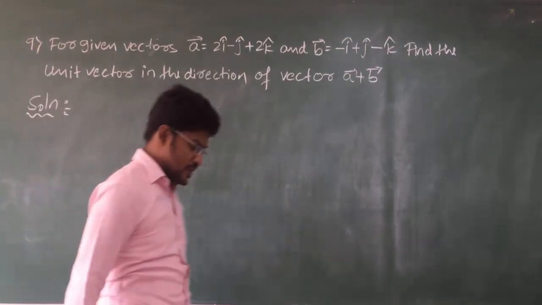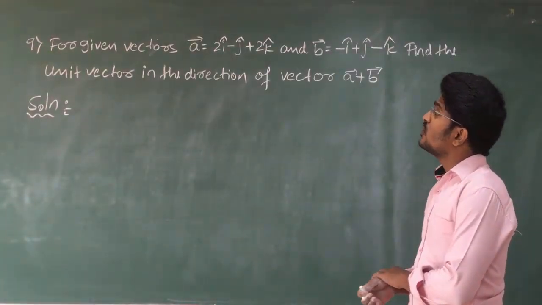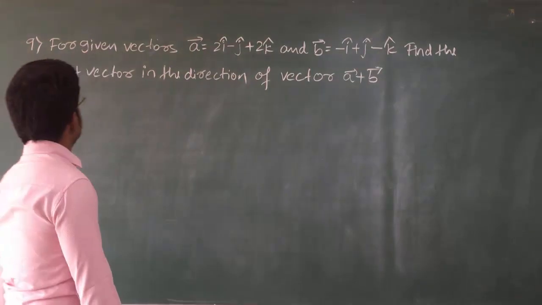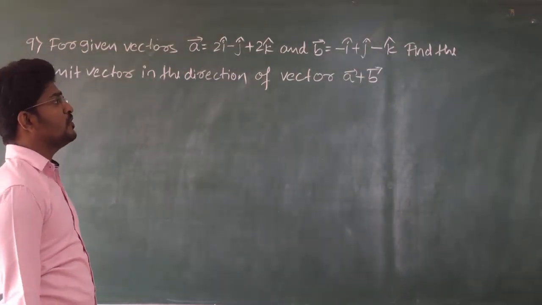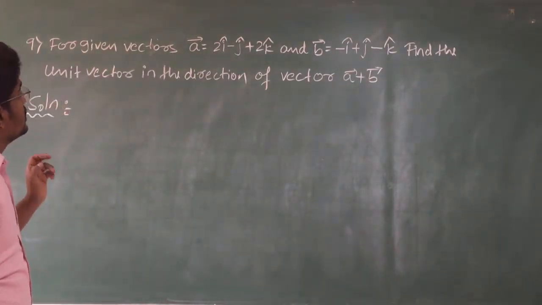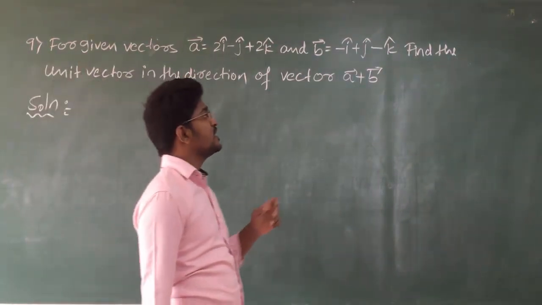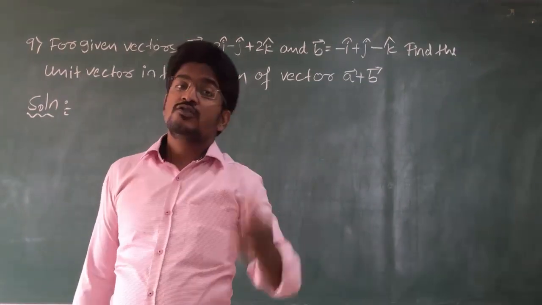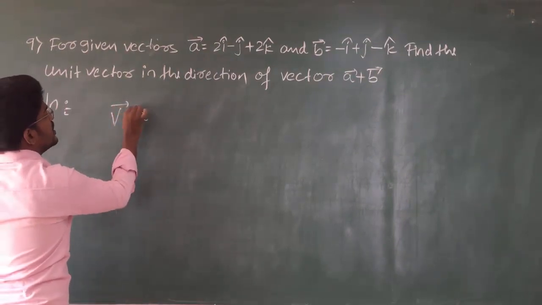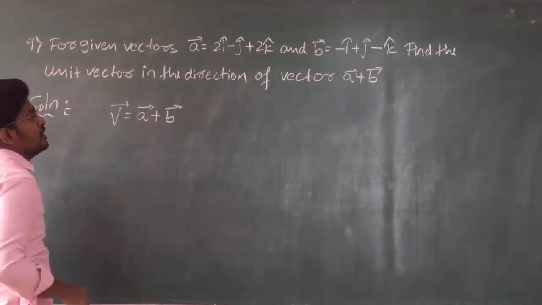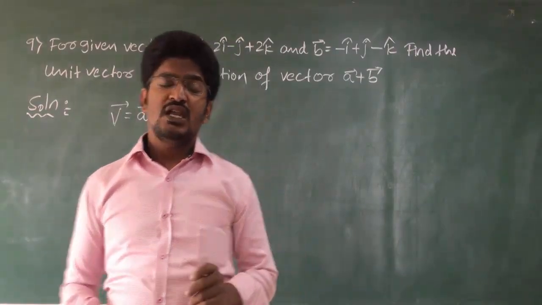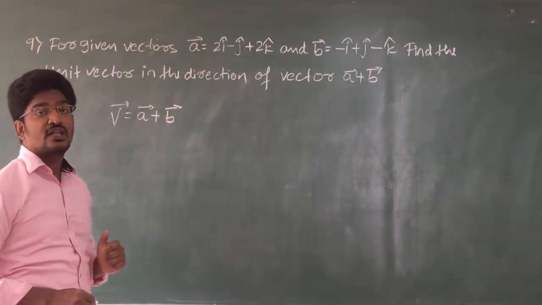Okay, let us go through the ninth problem. See here, for given vectors vector A and vector B, find the unit vector in the direction of vector A plus B. That means here they are asking for the unit vector in the direction of vector A plus vector B. So first our target is to find vector V, that is nothing but vector A plus vector B. First you have to calculate the sum of vector A and vector B, then you have to calculate vector V cap, that is the unit vector.